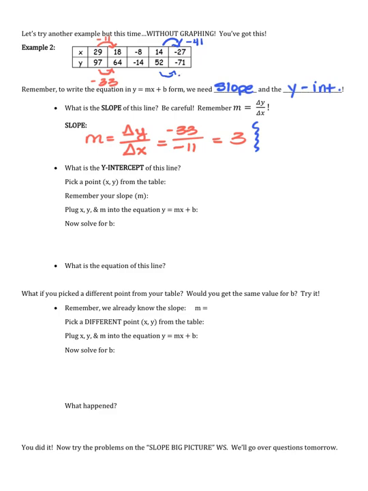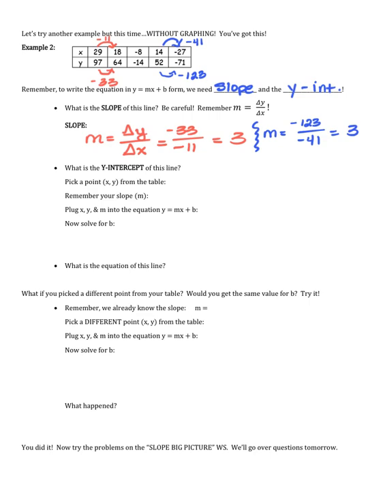So it's a change of -123. Putting that into my slope fraction, change in y, which is -123, over change in x, which is -41, that still reduces to a +3. So it doesn't matter which 2 points I use in that table. If I analyze the change in y and the change in x, I should end up with the same slope.